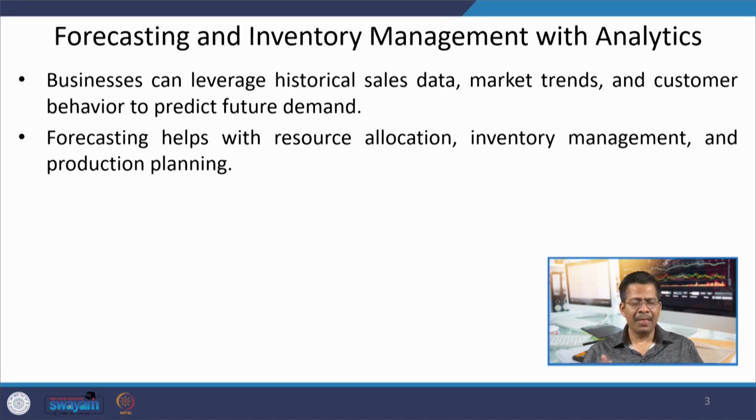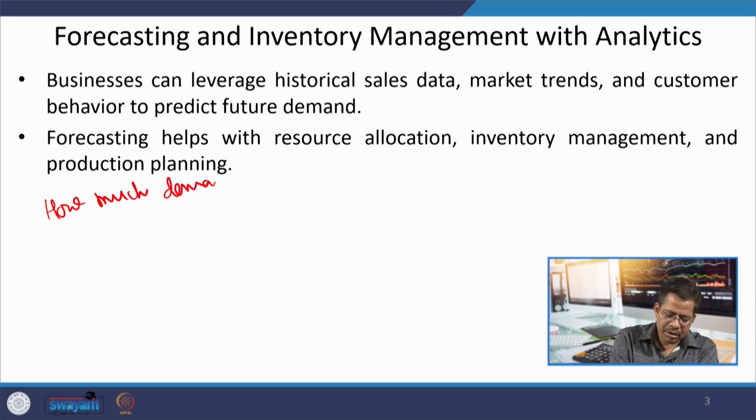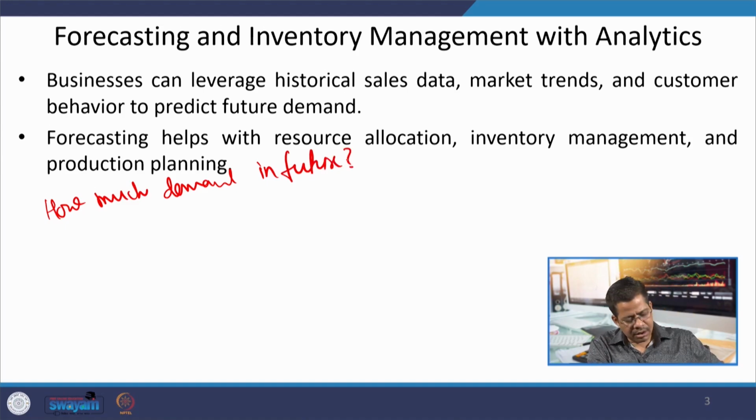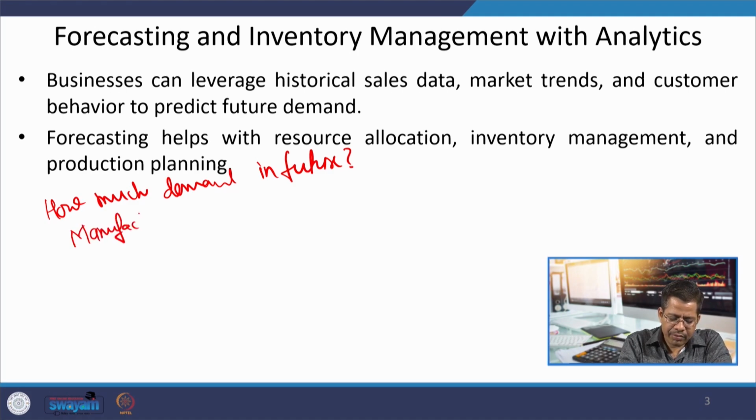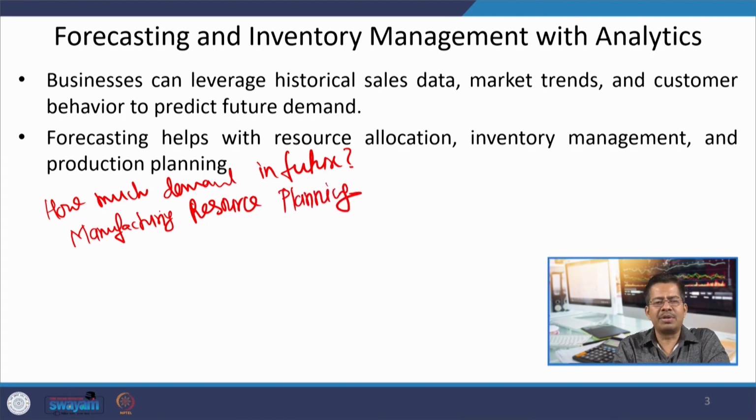How much demand are you going to have in future? Every other planning of manufacturing resources is actually based on this information, what is going to be the demand in future.